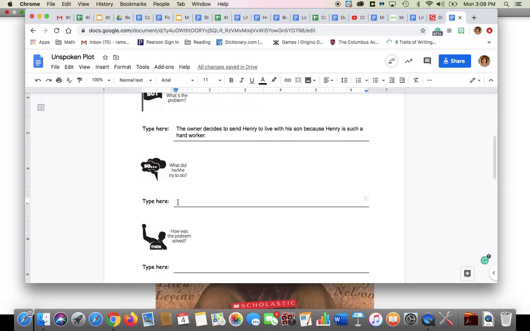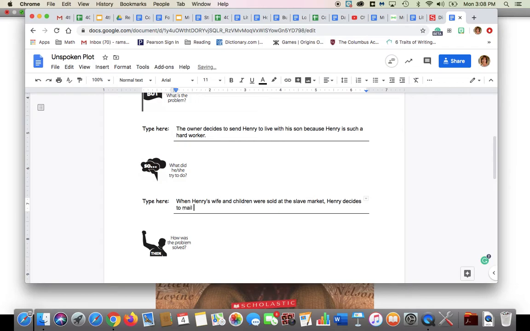Well, this is kind of where it got a little tricky, but when Henry's wife and children were sold at the slave market, Henry decides to mail himself to a place where there are no slaves.